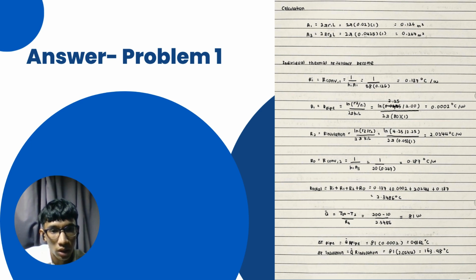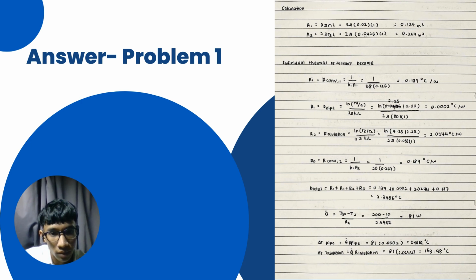For R1, R pipe equals ln of R2 divided by R1, divided by 2 pi k1 L. For R2, R insulation, same formula: ln of R3 over R2, divided by 2 pi k2 L. For R outer, R convection, use the formula 1 over h2 A3.